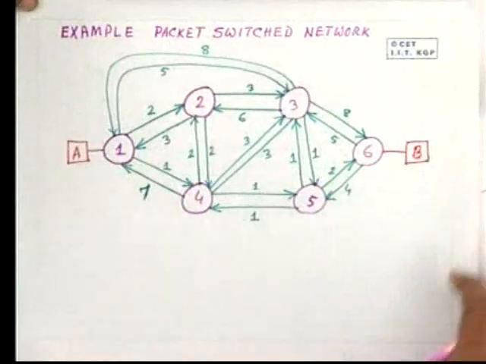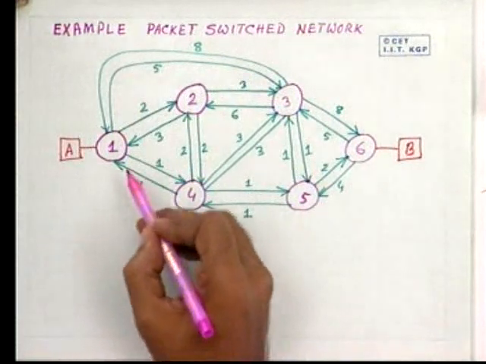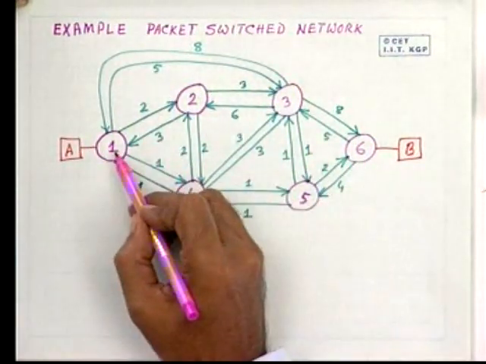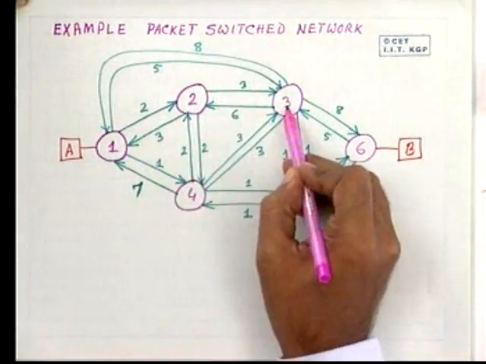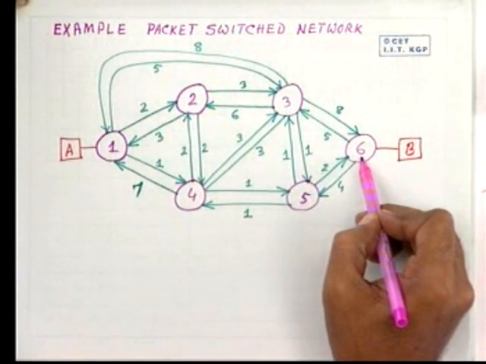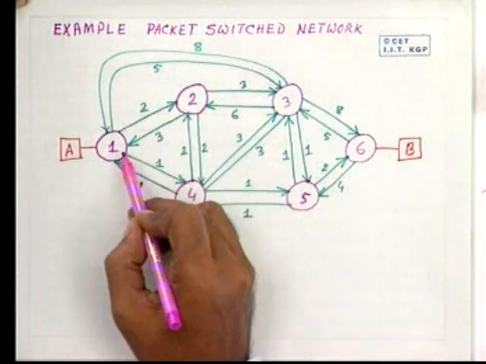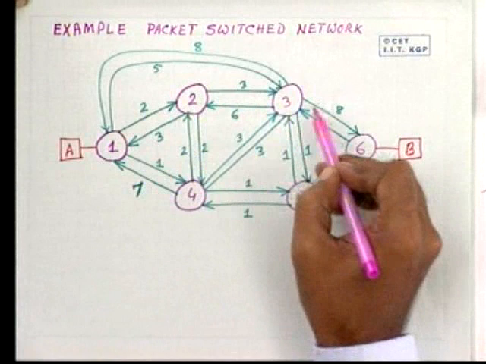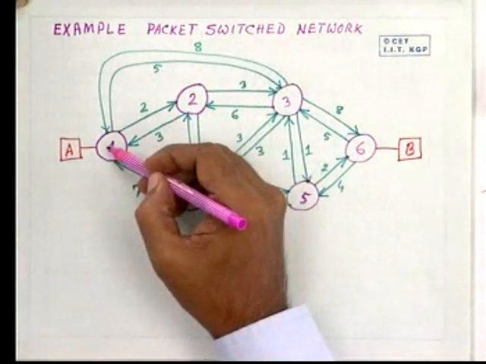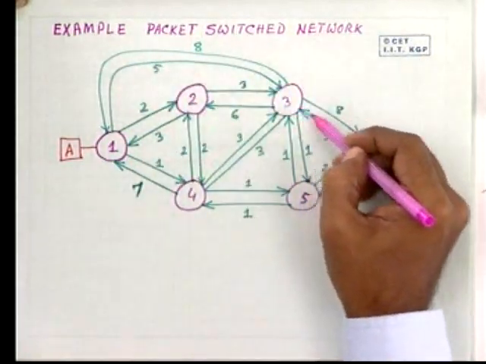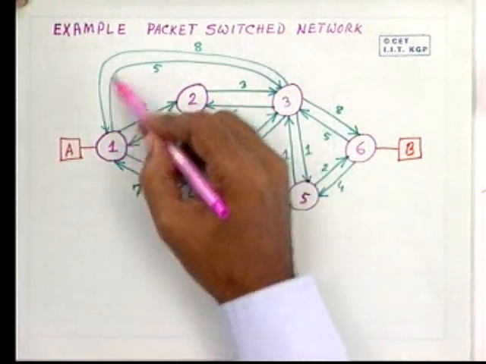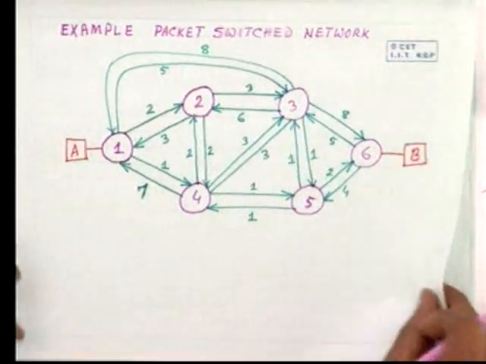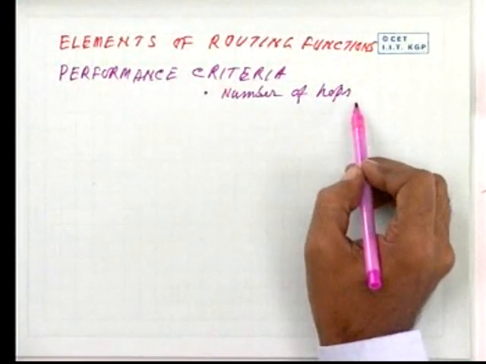For example, if you use this path, then the number of hops is 1, 2, 3 and 4. Or if you don't consider this one, you have to make 1 hop, 2 hops and 3 hops. On the other hand, if you use this path, then the number of hops required will be 1 and 2. So the number of hops can be one of the performance criteria.